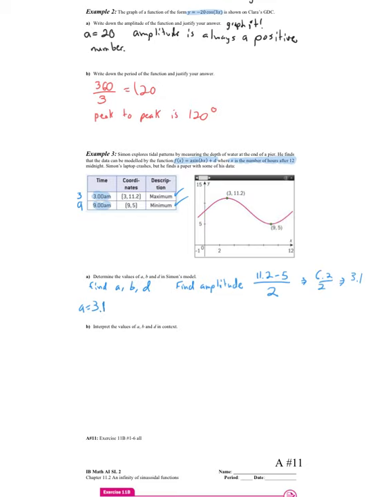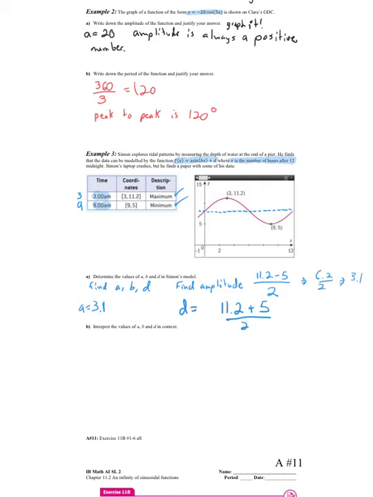The D value is the midline, or the principal axis in this case. What we do to find the D value is we have to find what's exactly in the middle here. So halfway between 11.2 and 5. What we do is we add them together. It's the opposite of what you do to find the amplitude.